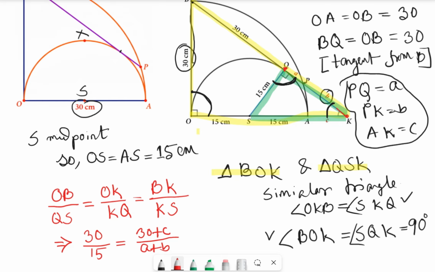Up to this length, from P to K is B, and from Q to P is A. So A plus B.